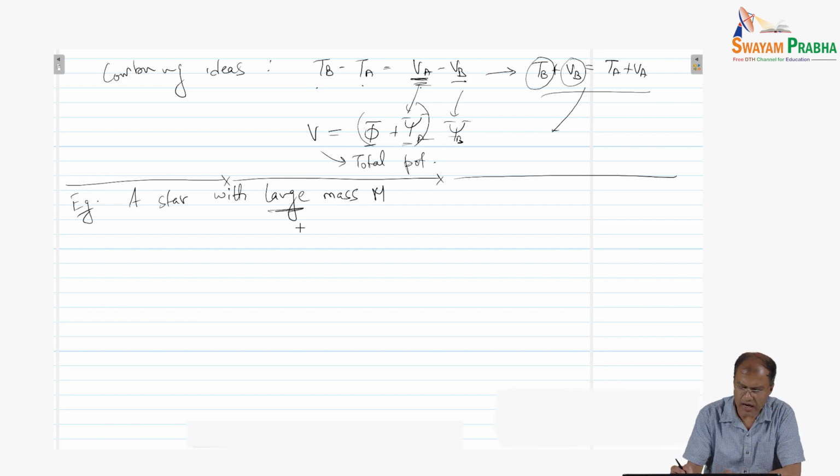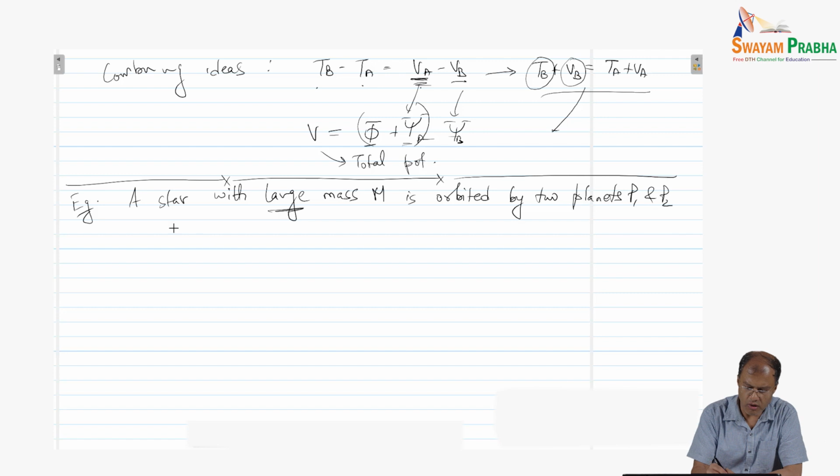Okay, so large mass is orbited by two planets, P1 and P2, of masses M1 and M2.